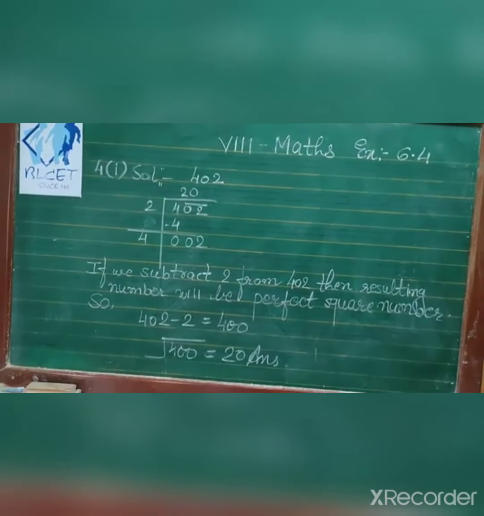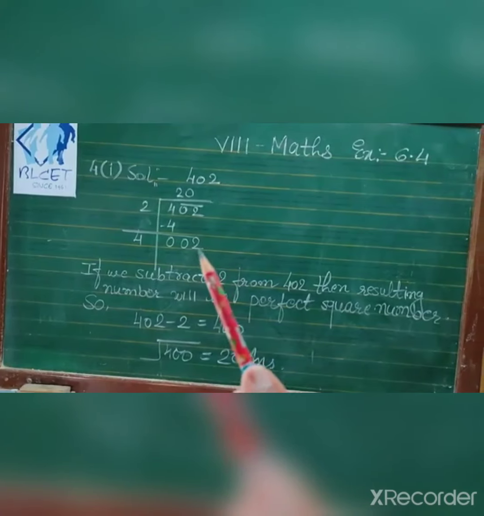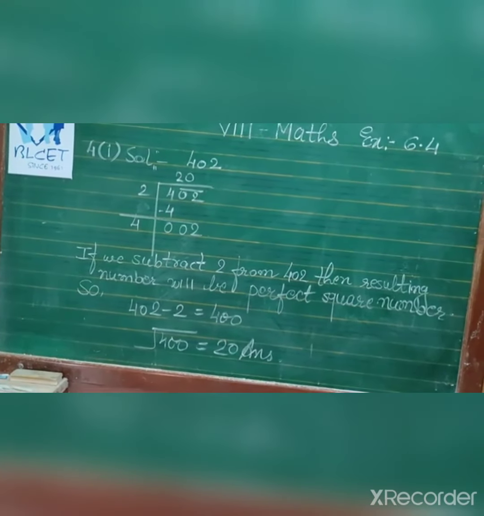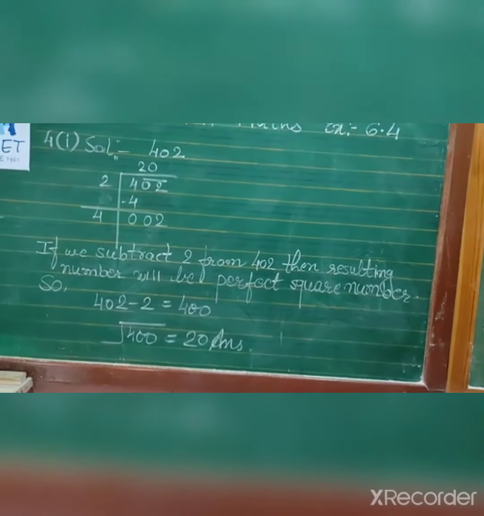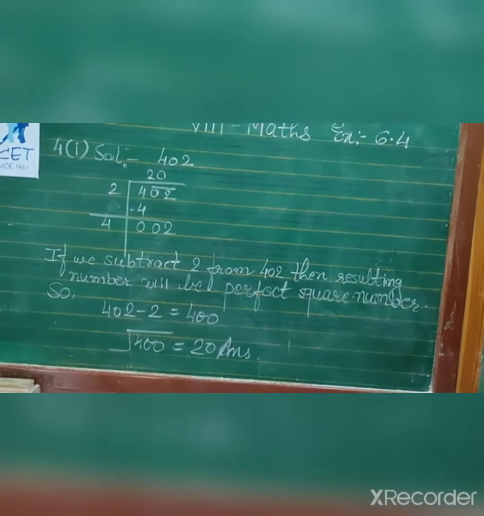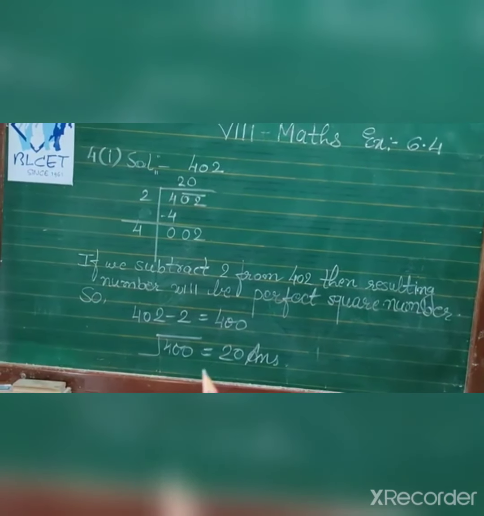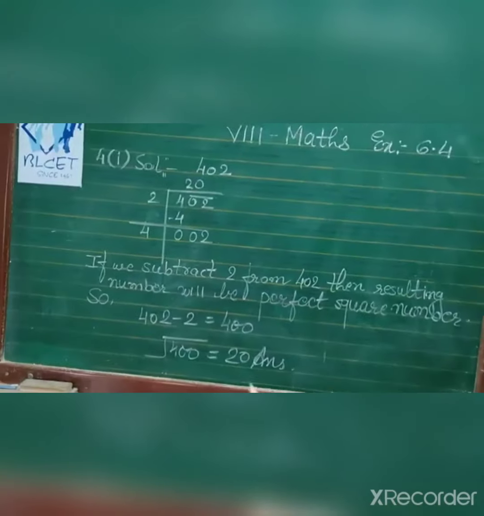Okay. So you will assume that is the remainder. So if we subtract 2 from 402, then the resulting number will be a perfect square. So 402 minus 2 is equal to 400. When you calculate the square root of 400, definitely the answer will be 20.